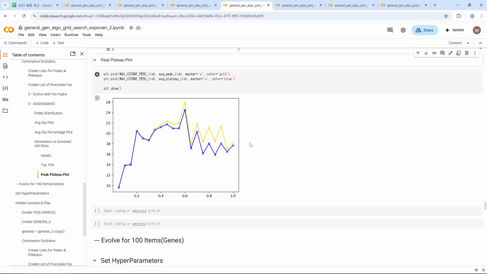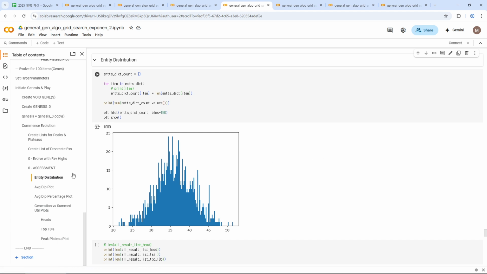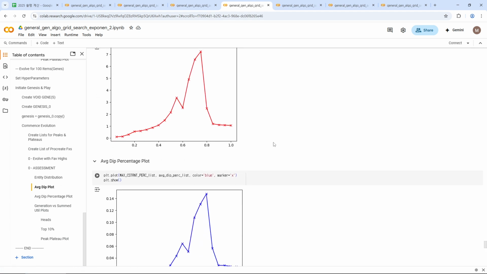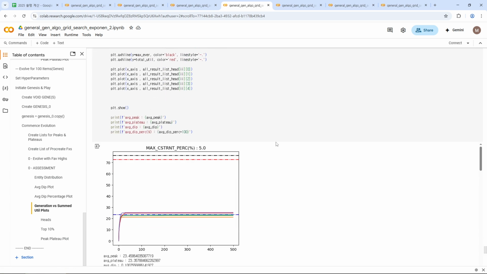Peak plateau plot. Okay. 100 items. Entity distribution, same. Average dip plot, same. Average dip percentage plot, same. Average dip percent summed utility plot.